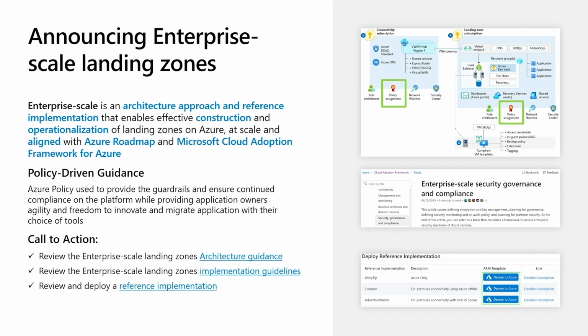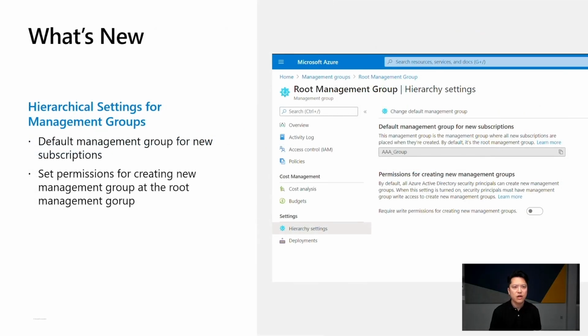Now moving over to the area of management groups. We're introducing some new improvements here to help you better manage your root management group in particular. The first one is the ability to set a default management group for new subscriptions. Before the availability of this setting, all new subscriptions typically fell into the root management group.